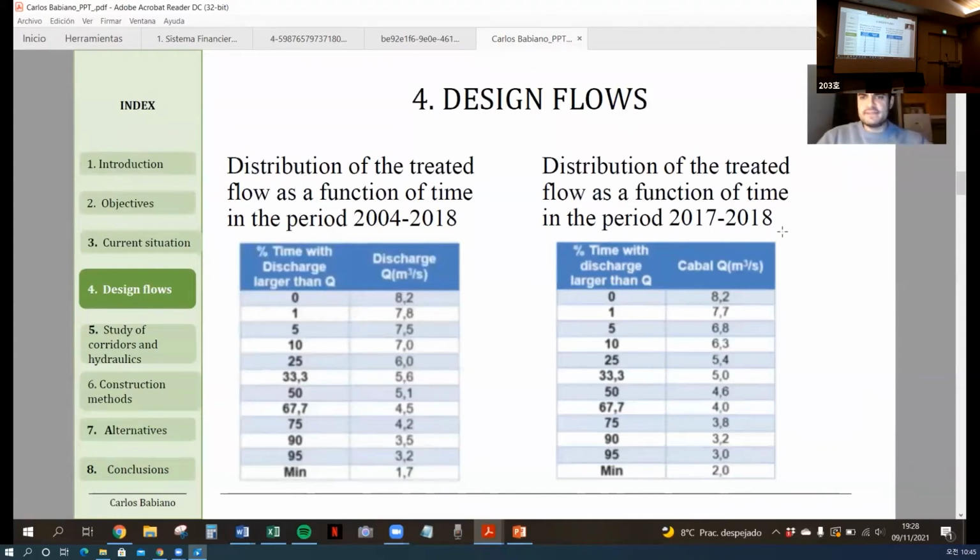This is a huge change, and we can see how the design flow has been reduced in the main peaks. If you compare both columns, you can see that they are reduced. For example, 10% of the time is lower in these last years than in the time when it was made.